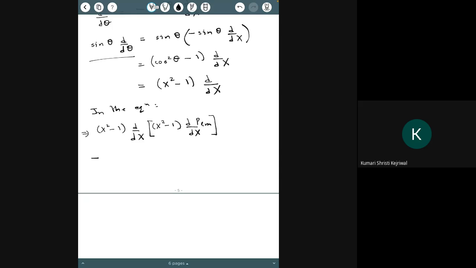And the second term remains almost the same: plus l(l+1) minus x squared minus m squared P_l^m equal to 0.